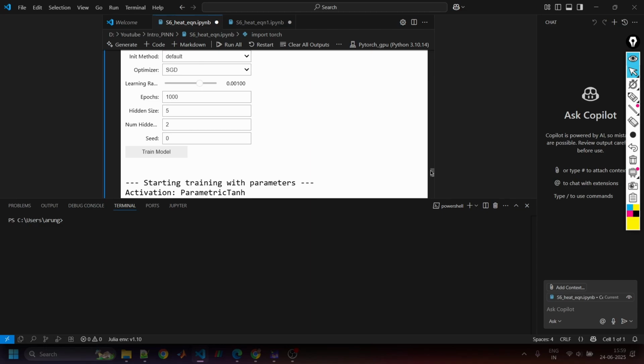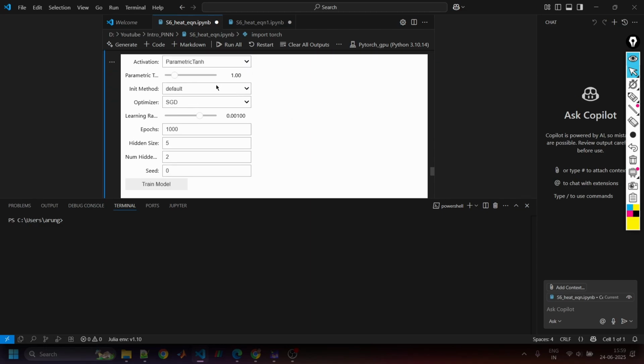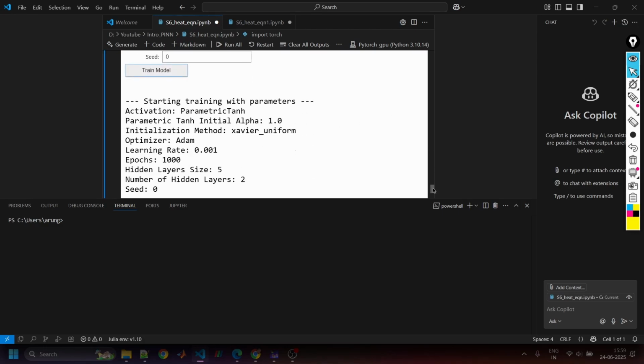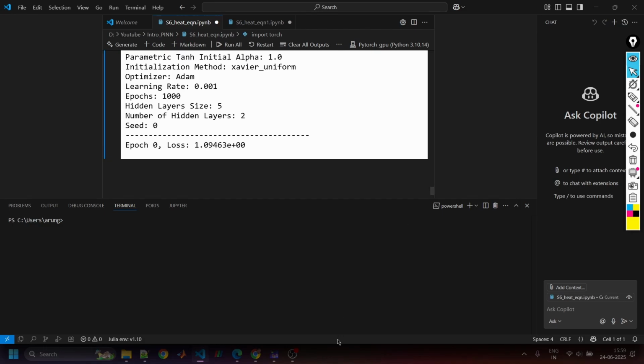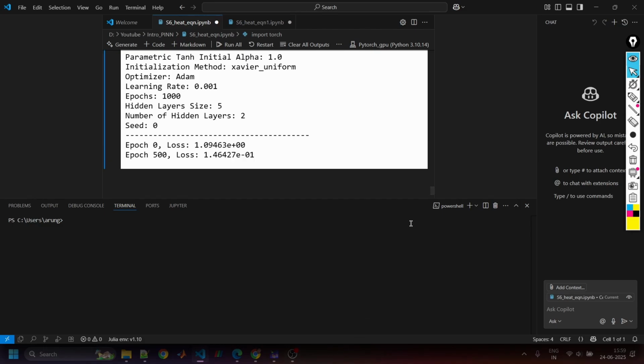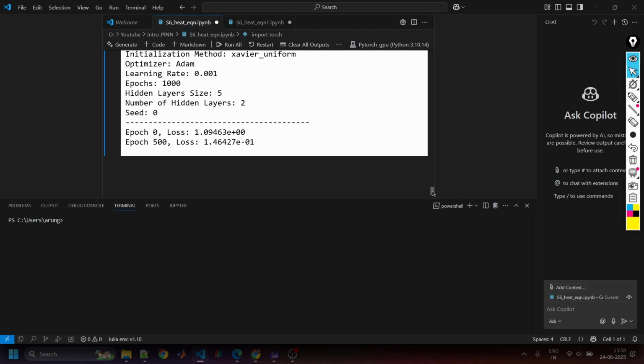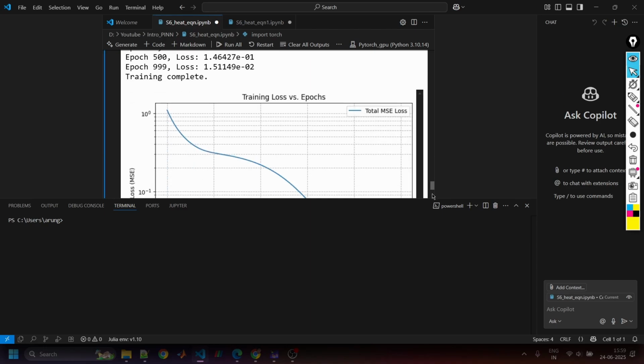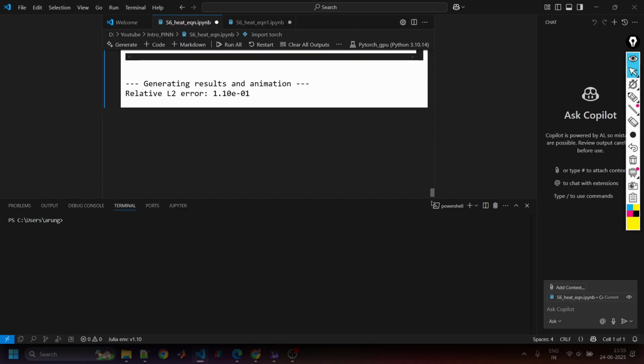Now we shall see the effect of the initialization on this problem. So now we shall change that to Adam. We already saw Xavier initialization is always good, so we shall test it. When we use Xavier initialization, the solution is not that good when compared to the standard initialization.